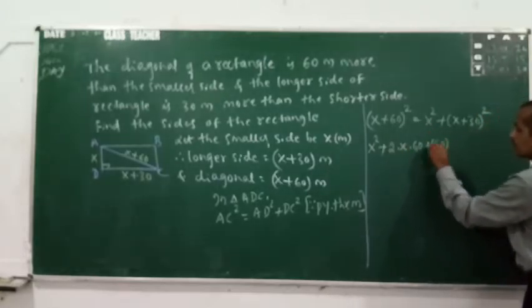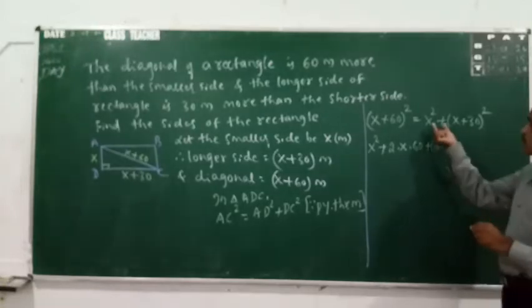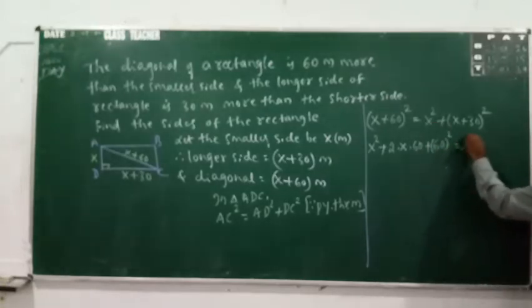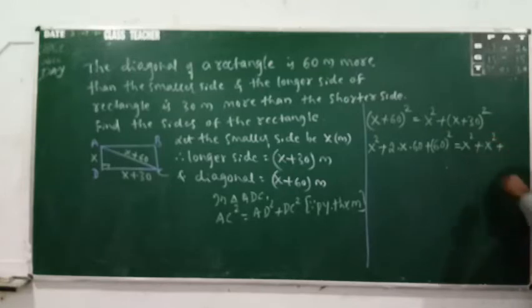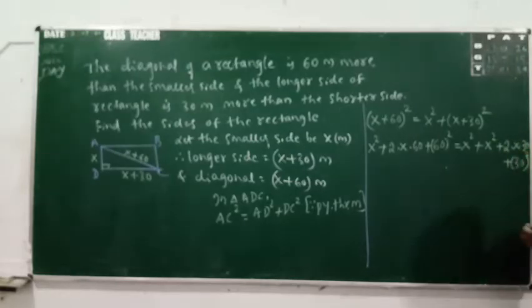X plus 60 the whole square is X square plus 2 into X into 60 plus 60 square, equal to X square, I will write it as it is, plus again a plus b the whole square: first a square means X square, plus 2 into a into b, plus b square. B square means 30 square.